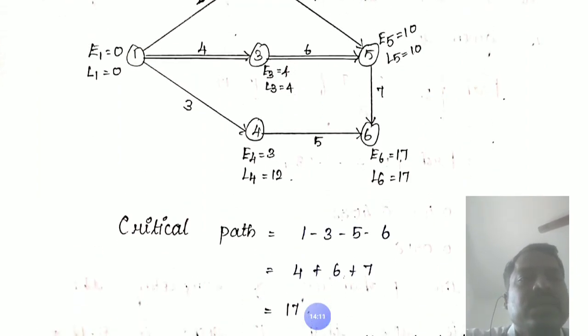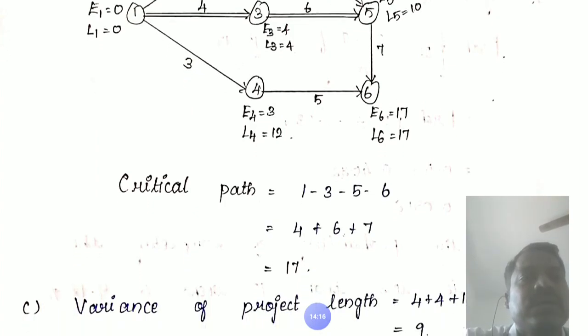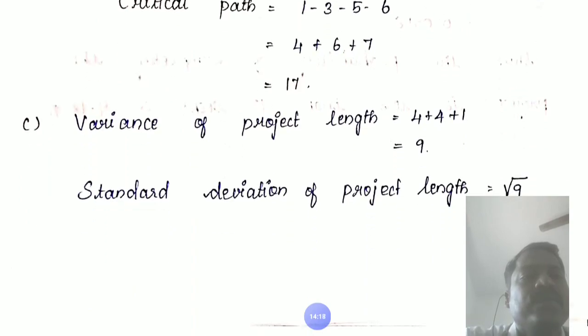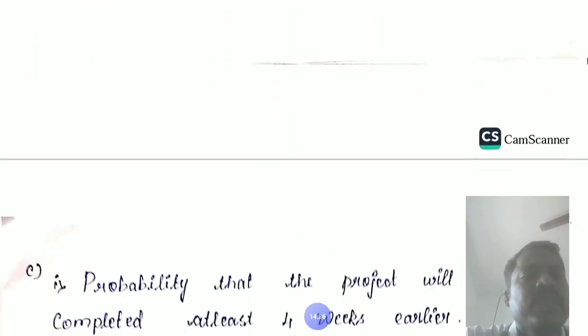Therefore, the variance of 1 to 3 plus the variance of 3 to 5 plus the variance of 5 to 6, which is 4 plus 1 plus 4, equals 9. Therefore, the variance of project length is 9. And then the standard deviation of project length equals the root of the variance. Therefore, the root of 9 equals 3.